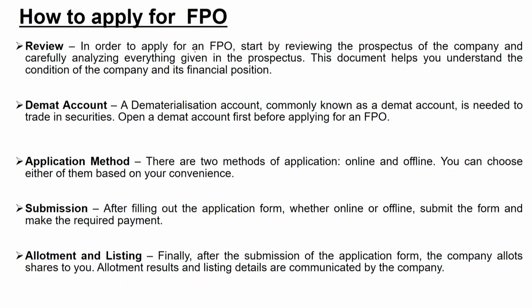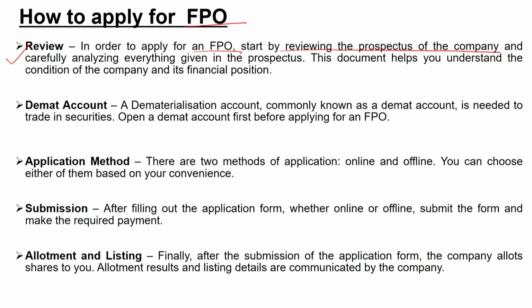Now let us discuss the procedure, how we can apply for the follow-on public offering. If you want to invest, then you need to first review. In order to apply for the FPOs, you need to start by reviewing the prospectus of the company, and you need to carefully analyze the various information mentioned in the prospectus.